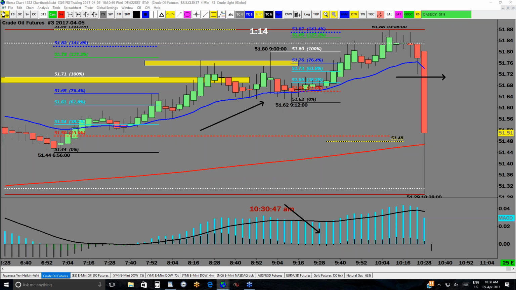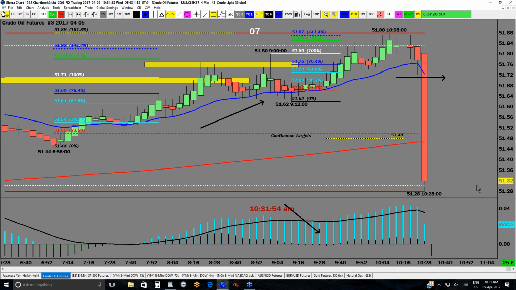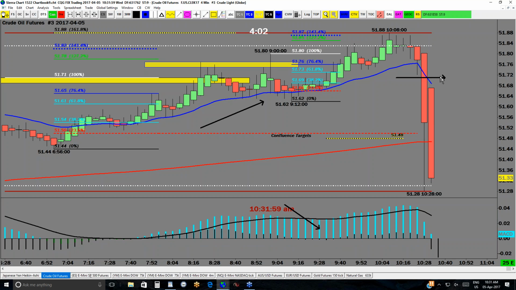Everybody that was looking for 52 even today got kind of pumped out of that. If that didn't take out their stops, I don't know what would. And we don't have the pullback, so it'll be another 50 seconds or so. Looking for a huge pullback, probably to 51.48 or almost to our black arrow, just shy of that black arrow here. And so that's not too bad.